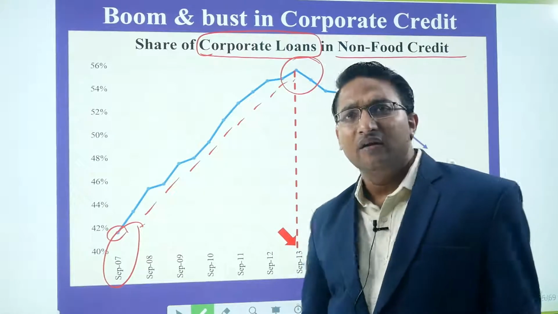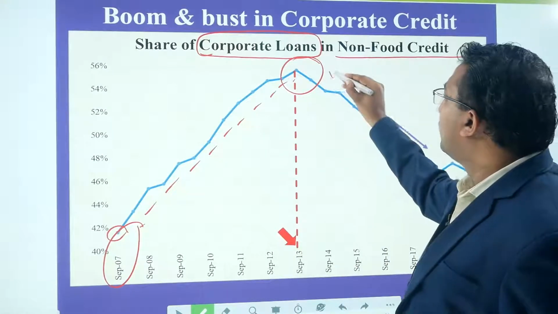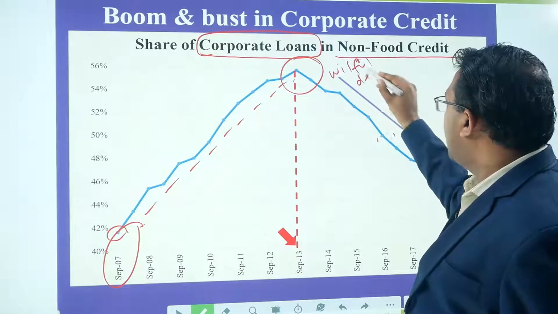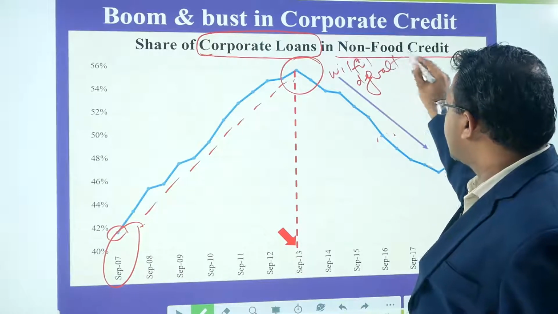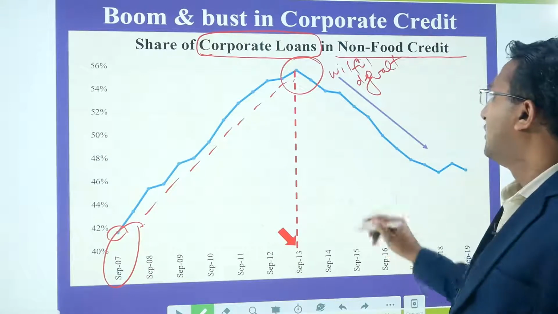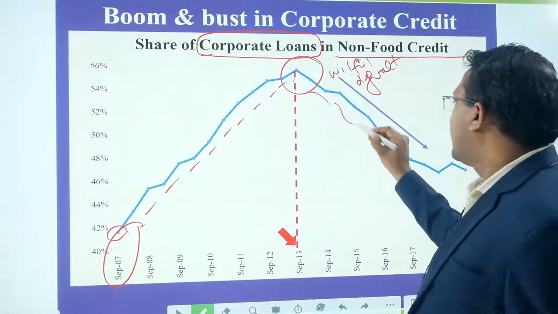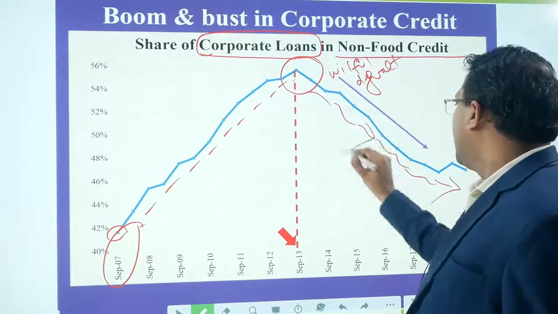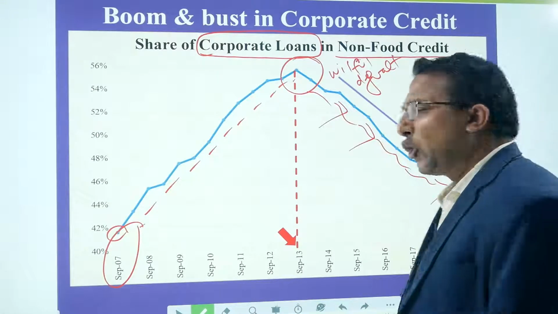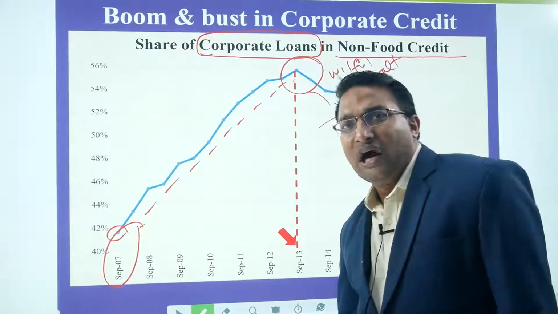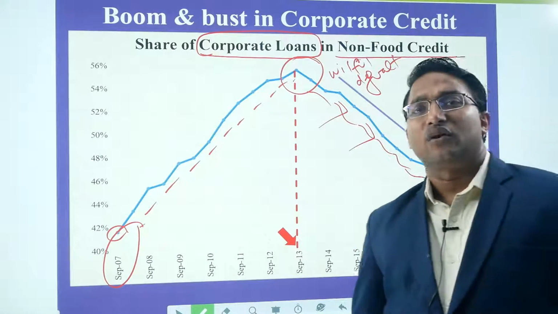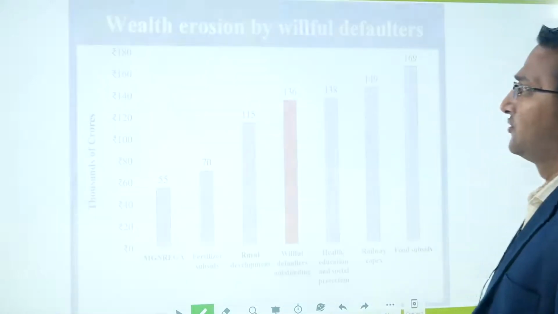After 2013, because of the willful defaults and because of the NPA crisis, the breakdown of the trust, the share of the corporate sector got reduced. That represents how, because of the break in trust, the availability of credit to the corporate sector has been reduced.